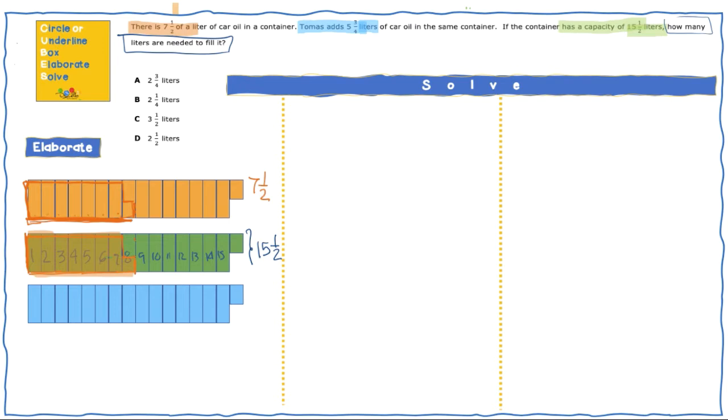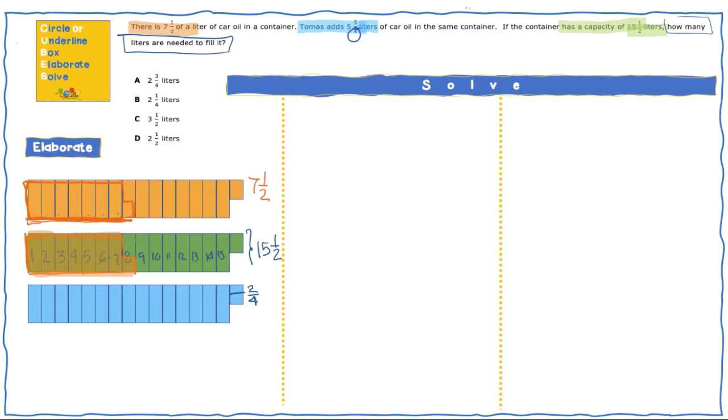Okay, Thomas, he added 5 3/4. Okay, this is an important situation because 3/4 means that we will have to split a whole into 4 equal sections, right? So we can have fourths. So then this one right here will be what, guys? 2/4, exactly.